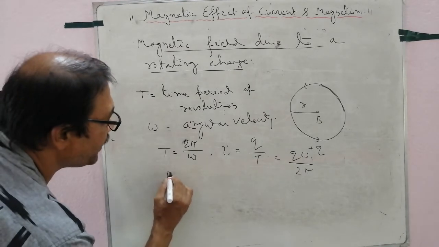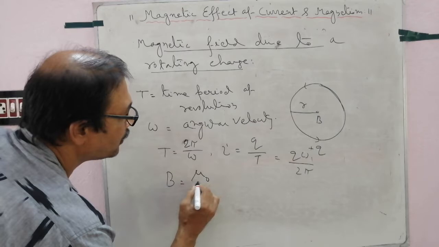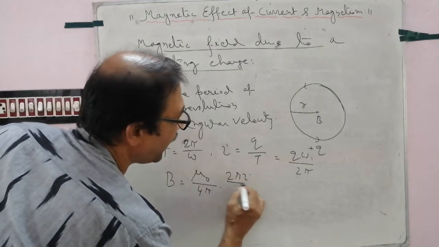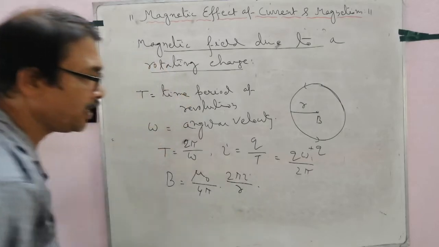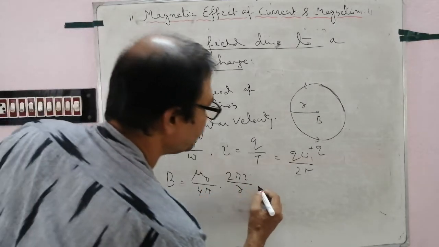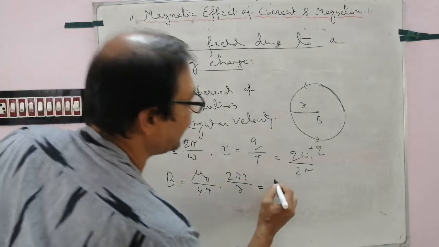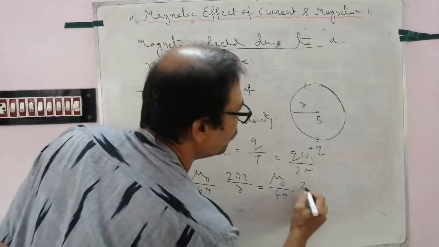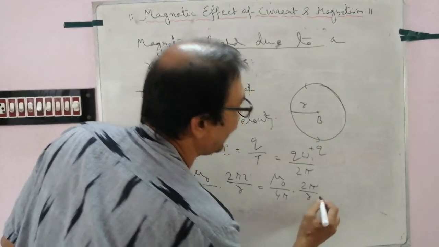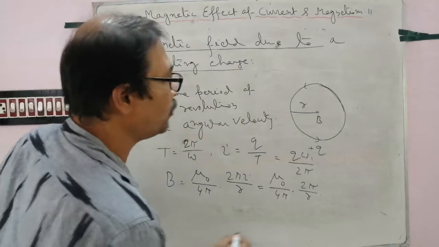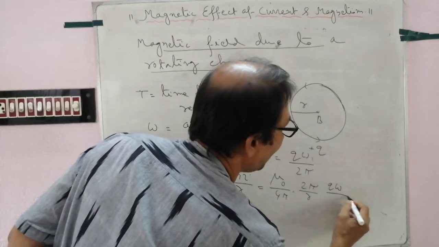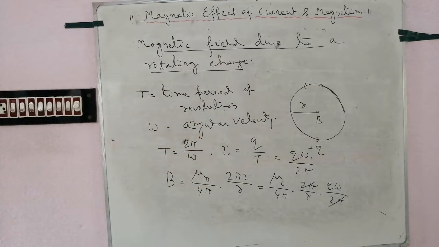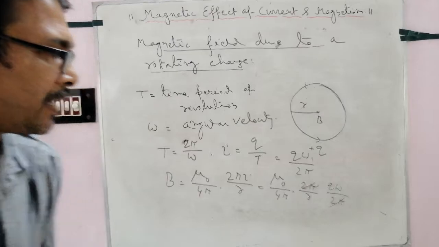So magnetic field B equals mu naught by 4 pi into, for a circular loop, 2 pi I by R. Putting the value of I, Q omega by 2 pi, you will get the result: mu naught by 4 pi into Q omega by R.